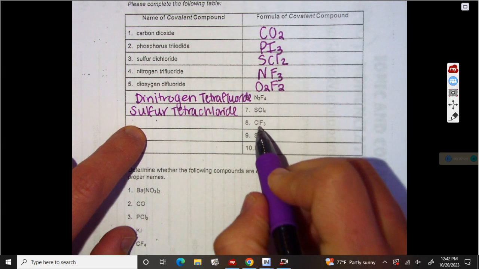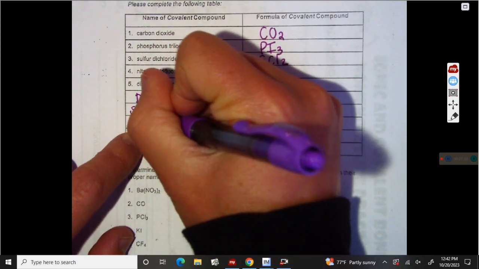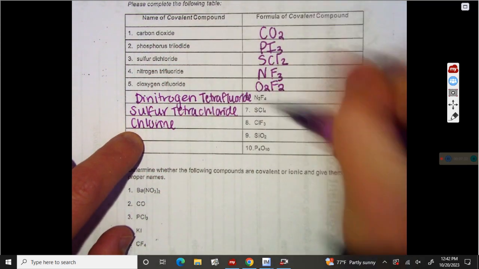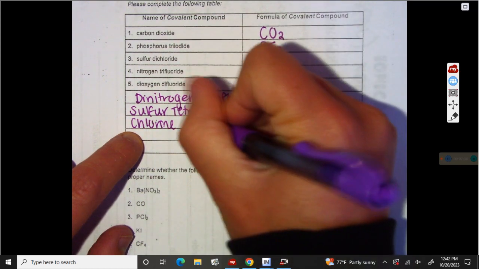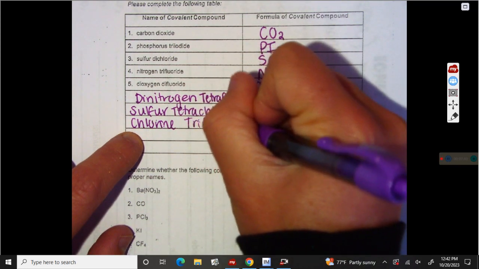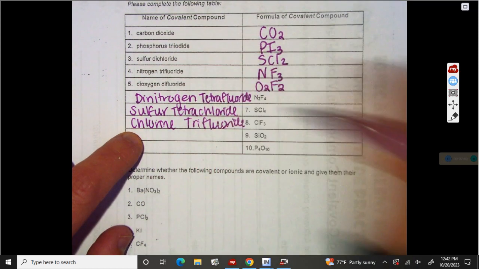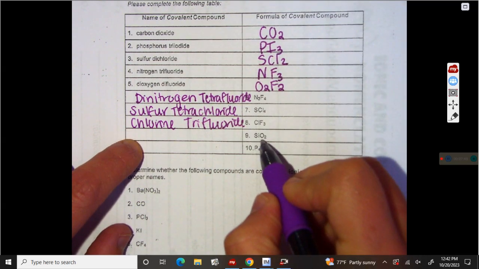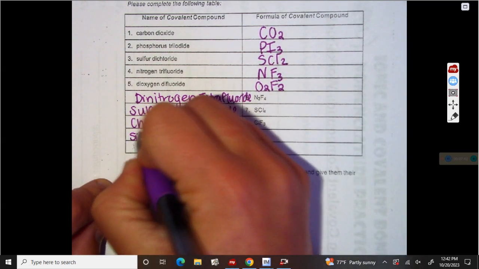All right, chlorine, I just see 1, that is Cl. Notice it's a lowercase l. So I just have chlorine. And then 3 fluorines, so trifluoride. Silicon and oxygen, I have 1 silicon, so I just write silicon.